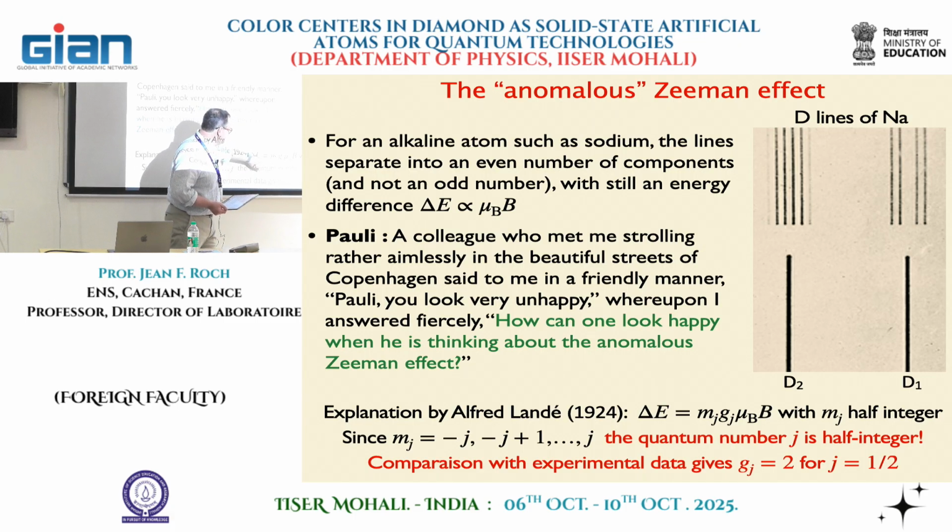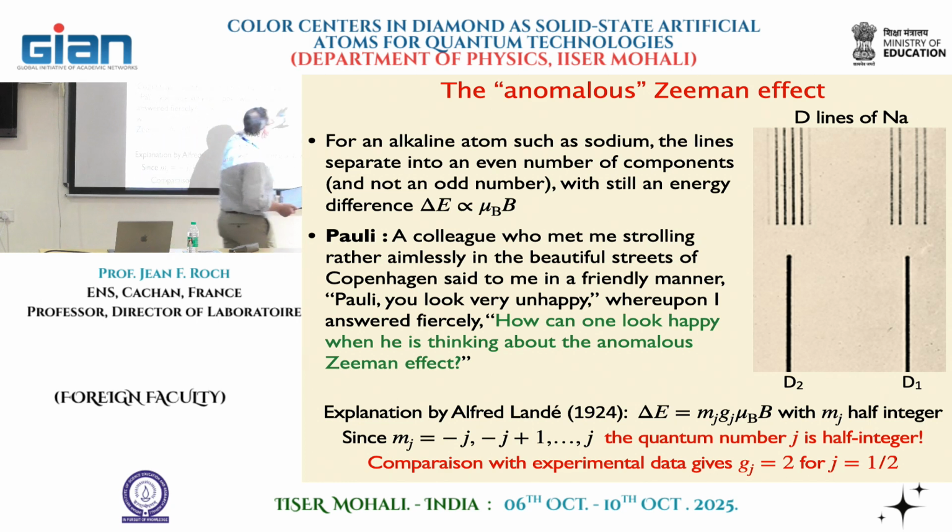So we could write that as m_j times g_J, a function of this parameter, times the Bohr magneton times the magnetic field. But now this has to be a half integer. You need that to explain the even number of components in the experiment.